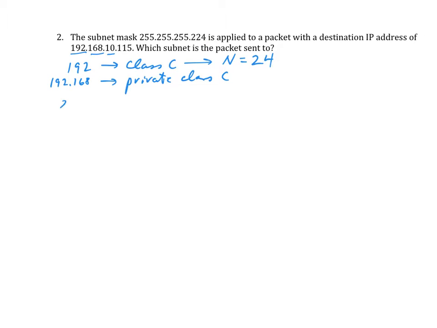And 224 is one of those special numbers that we often see in subnet masks, because 224 is 128 plus 64 plus 32. 128 plus 64 is 192, plus 32 is 224. And so 224 in binary looks like 11100000 in base 2.